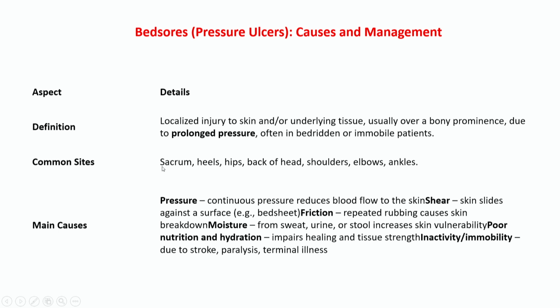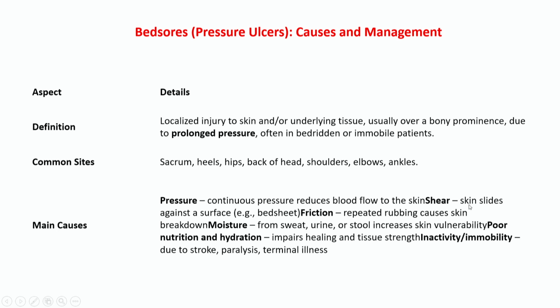Common sites: sacrum, heel, hip, back of the head, shoulder, elbow, and ankle. I have shown you in the first slide. These are the locations of the body. Main cause: pressure. Continuous pressure reduces the blood flow to the skin.